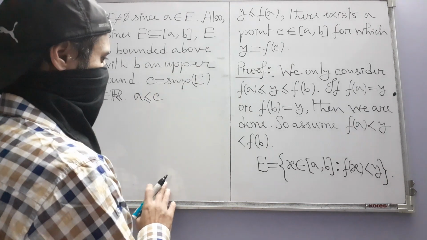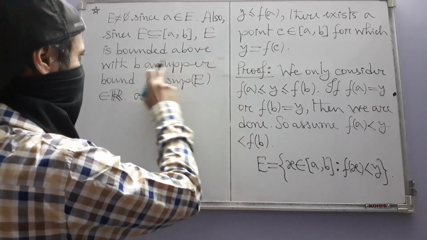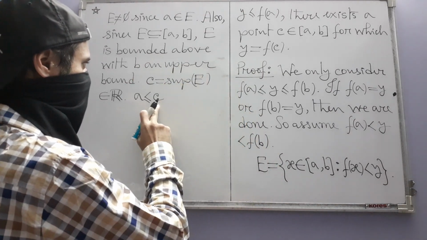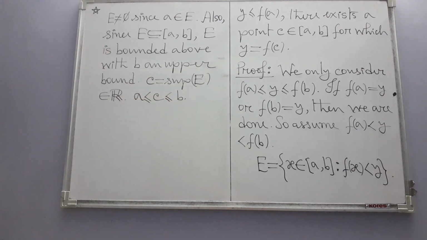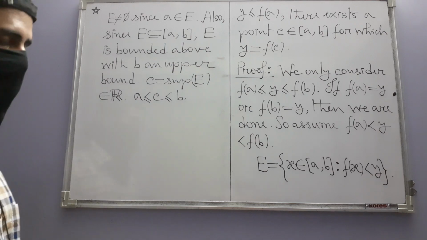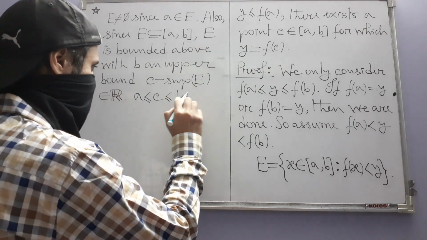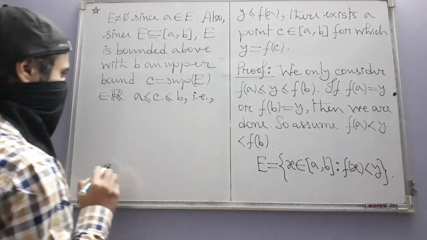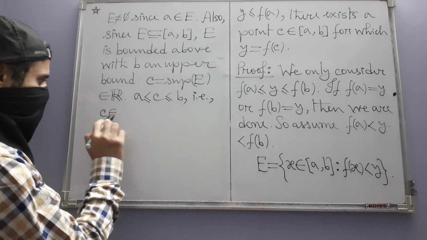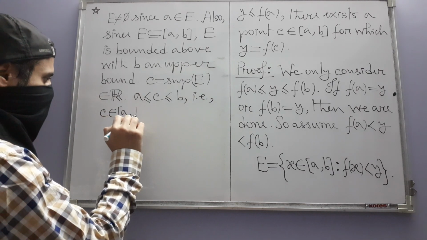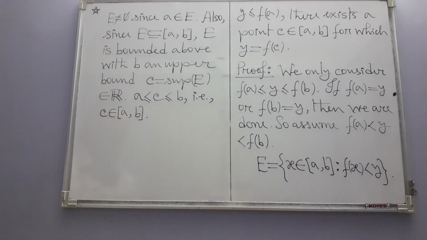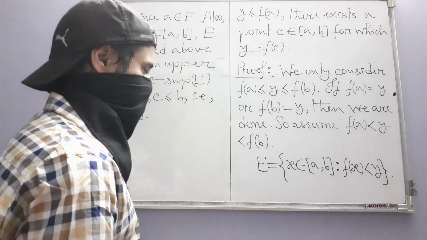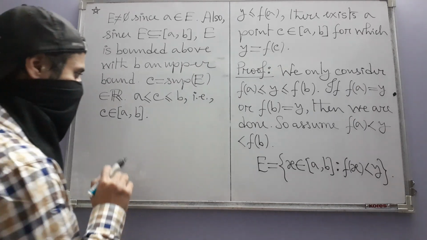Besides this, b is an upper bound for E, but c is the least upper bound. So c is also less than or equal to b. That is, this c itself is in [a, b]. Alright. Now the next thing we are going to do is that we are now going to claim this.